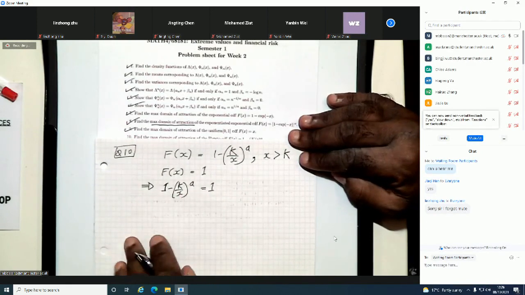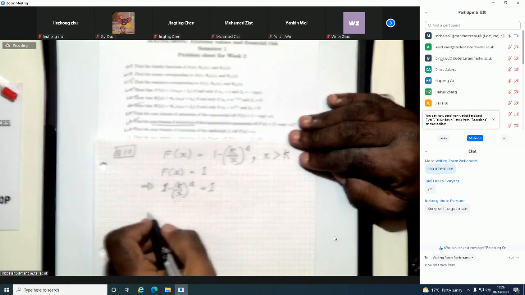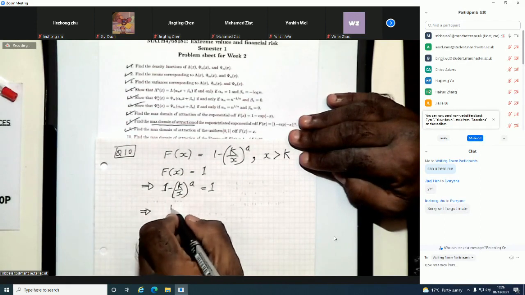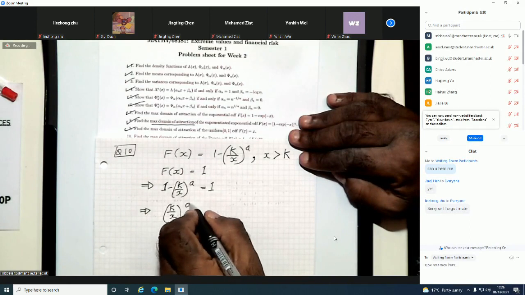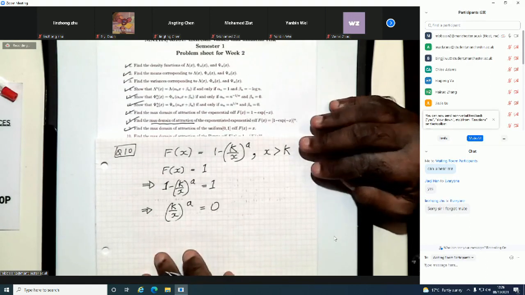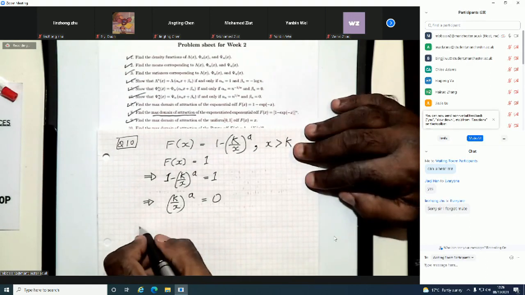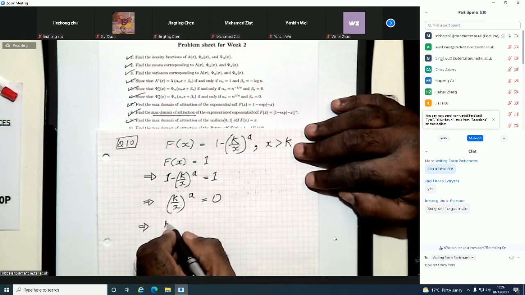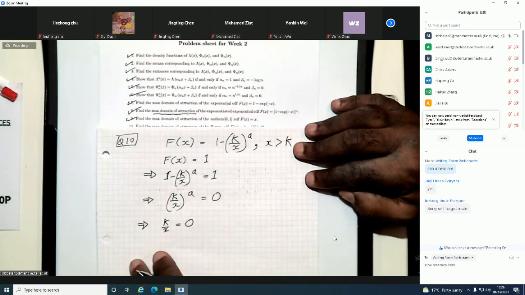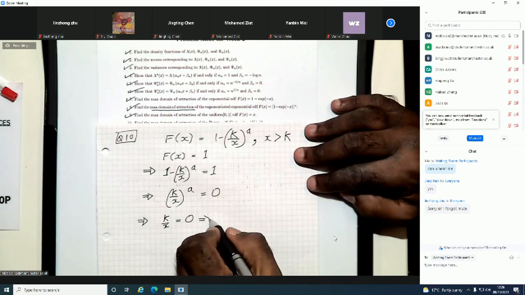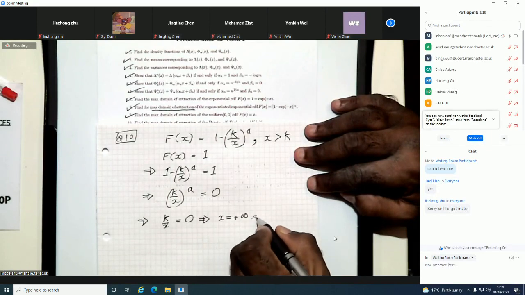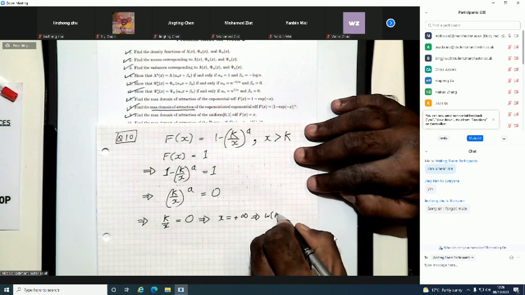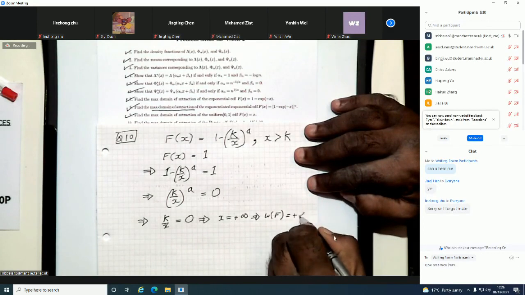So the 1 and the 1 cancel, so this implies that it's equal to 0. So x must be plus infinity. So w of F is plus infinity.